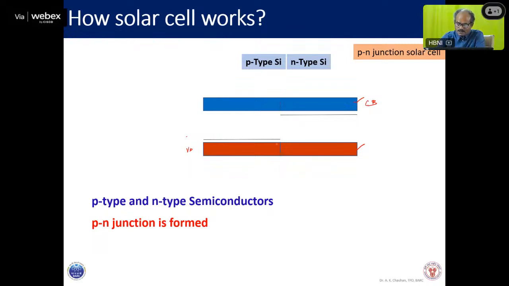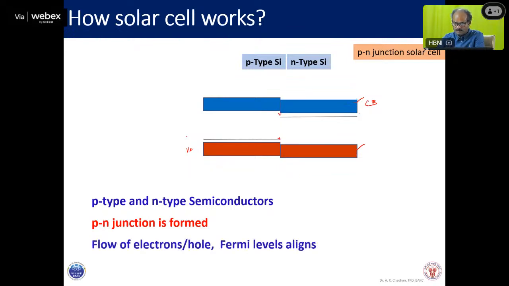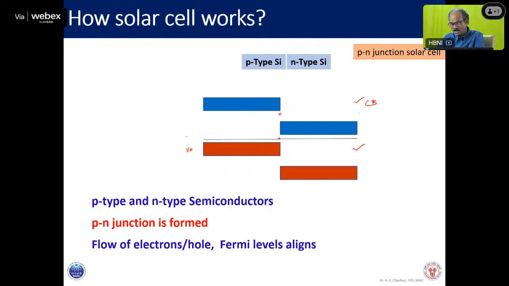So now you see when they are joined, there is an abrupt change at this point in the Fermi level, which is not allowed. So the first thing is that these have to come into equilibrium, so that the Fermi level is aligned.